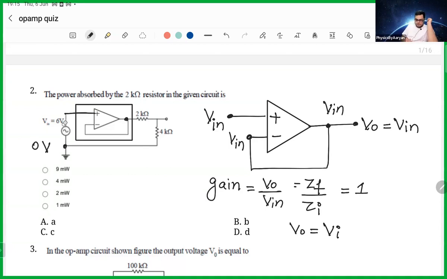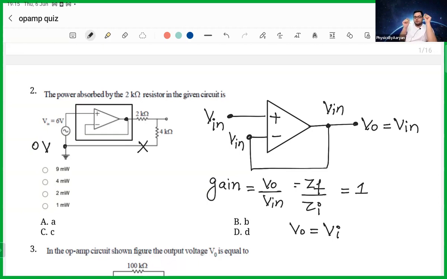So let's say this thing is 6 volt. But then you see, I am also doing some feedback in the positive side as well, right? So it's not that only the negative side has been feedback. Yes, if this wire was not there, then I am fine with it. But this wire is also there. So my positive side, my input is also being fed back. Some part of it is fed back.